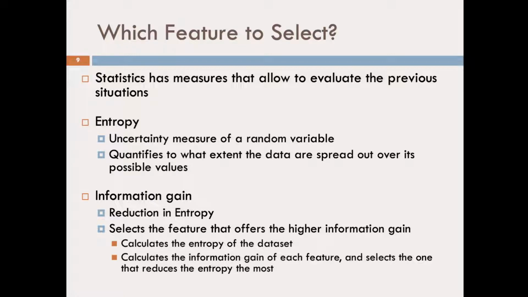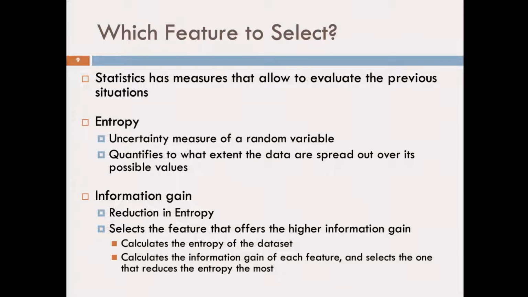Okay? So, we are going to select the feature that offers a higher information gain. That means that we are going to calculate the entropy of the data set, and then calculate the information gain of each feature, and select the one that reduces the entropy the most.